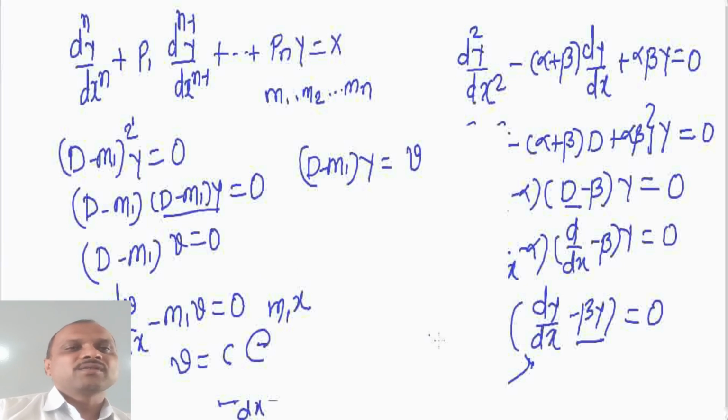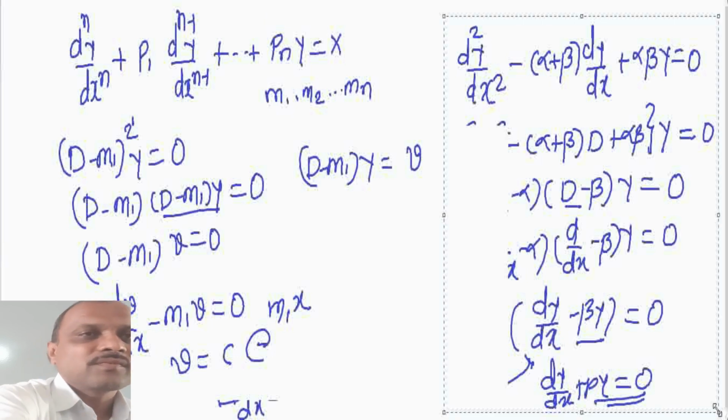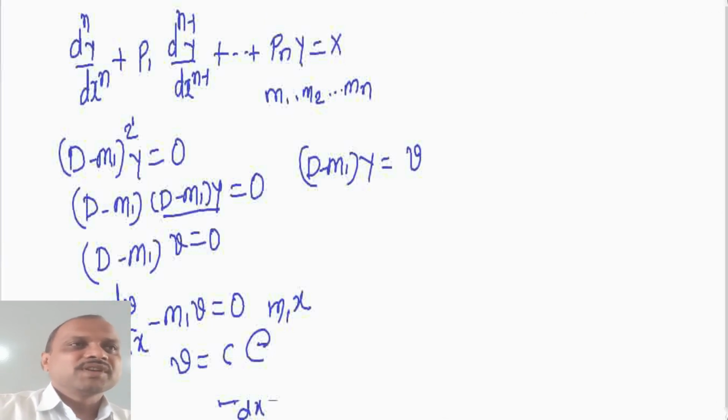You can see the video on dy by dx plus py equal to 0 to see how to find the solution of this equation. Or let me solve this so that you get the idea of how we obtained the solution. The equation is dv by dx minus m1 v equal to 0.